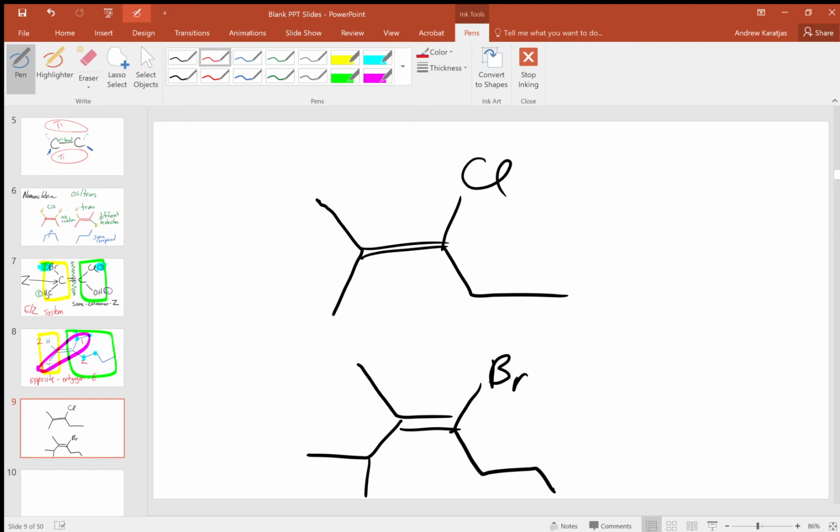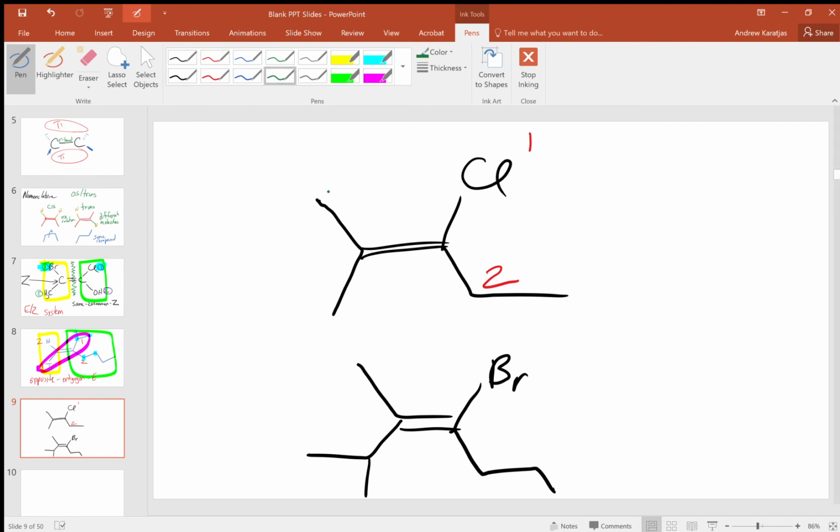All right, so let's look at them now. The alkene on top, on the right side, we have a chlorine, which is higher priority than the carbon. What about on the left side?